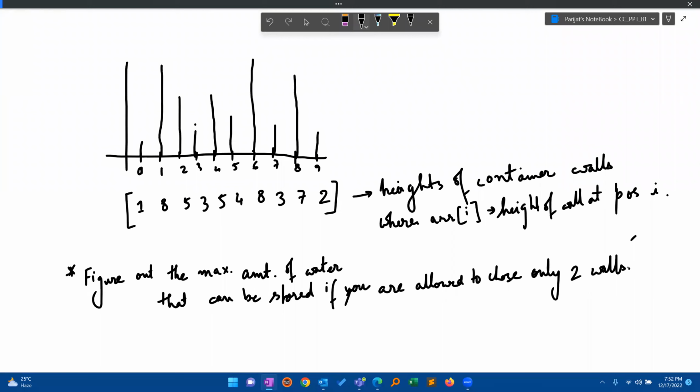There are many possible walls, right? You are allowed to choose only 2 walls such that the amount of water between them is maximum. So you have to figure out the maximum amount of water possible.